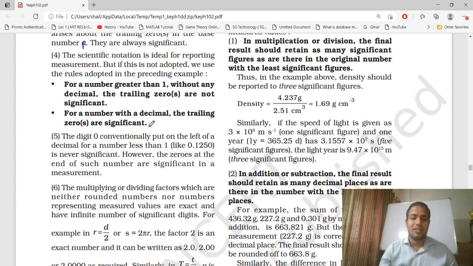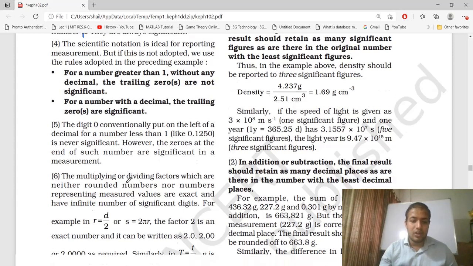If a number is less than 1, the digit 0 is conventionally put on the left of the decimal, and this zero, as in 0.1250, is never significant. However, the zeros at the end of such numbers are significant in a measurement.